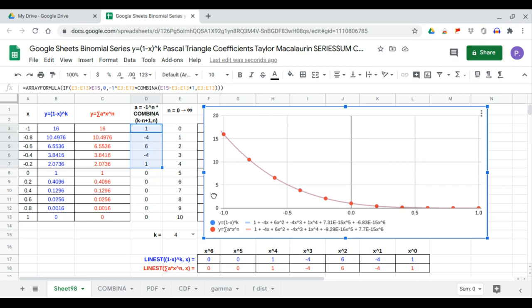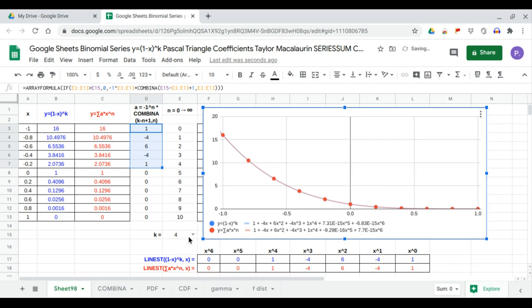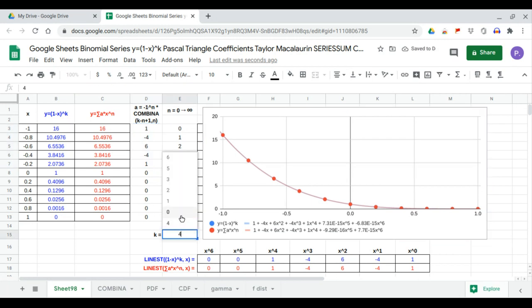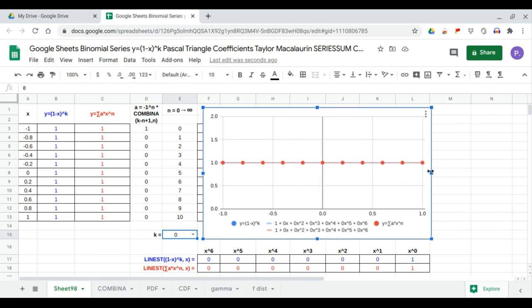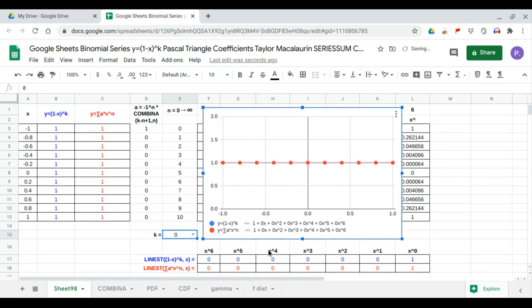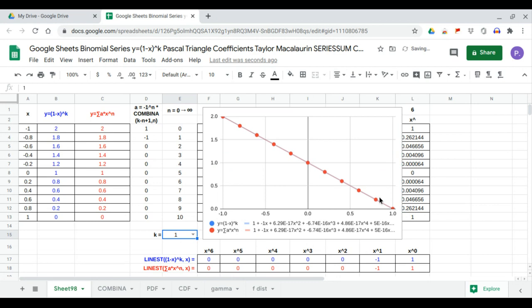Now let's go back to the chart. At k equals 0, our polynomial will be y equals 1. At k equals 1, our polynomial will be 1 minus 1x.